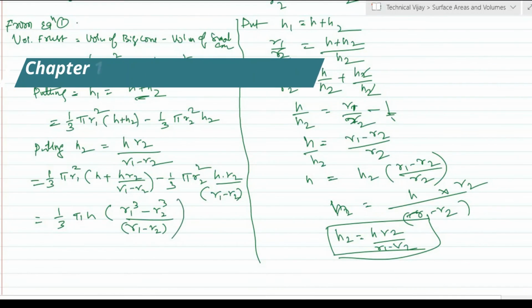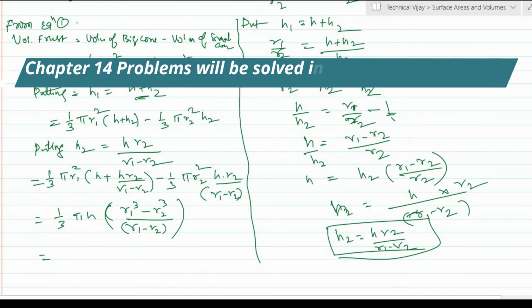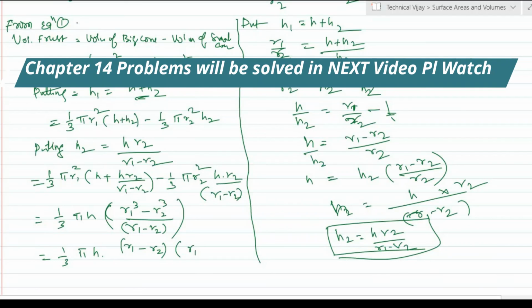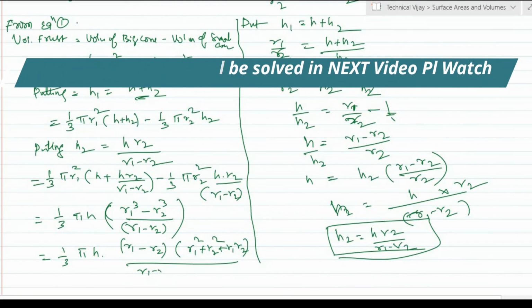Using the a cube minus b cube formula, R1³ minus R2³ is (R1 minus R2) into (R1² plus R2² plus R1 R2), divided by (R1 minus R2).